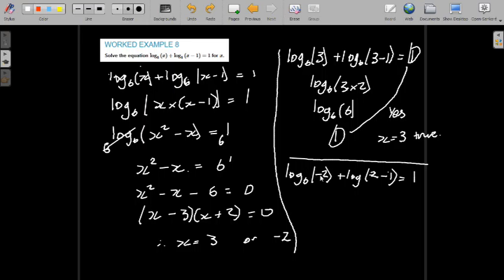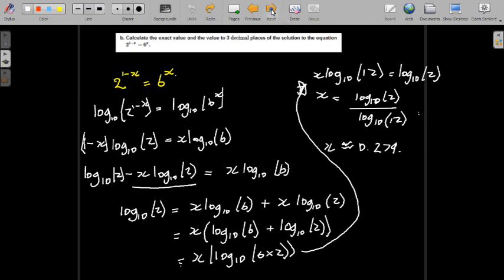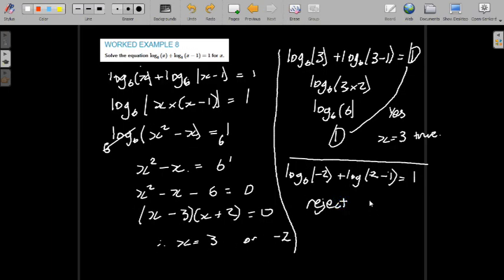Because I've got a negative, basically means doesn't exist. So we can say, so we reject the solution x equals minus 2.